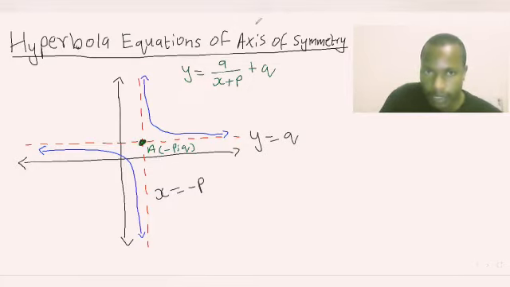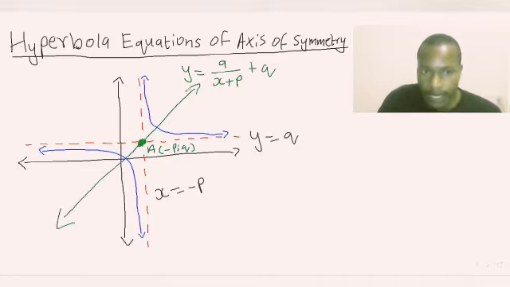I'll just make use of the color green. That point over there, which we can refer to as point A, is the point where the lines of symmetry pass. So we can draw out a line of symmetry with a positive gradient, in green.